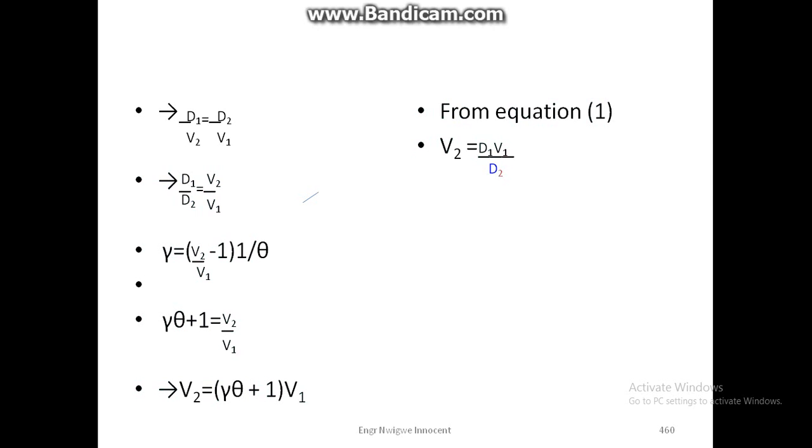V1 in bracket gamma theta plus 1 is equal to D1 V1 over D2. Therefore, D2 is equal to D1 V1 all over V1 in bracket gamma theta plus 1. This is equal to D1 all over gamma theta plus 1.